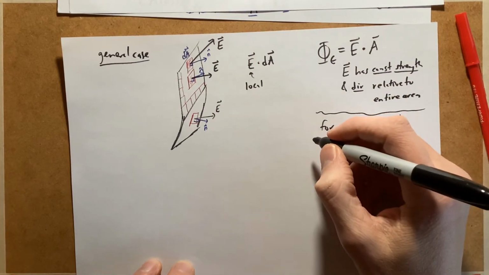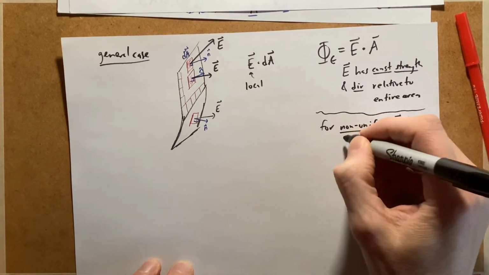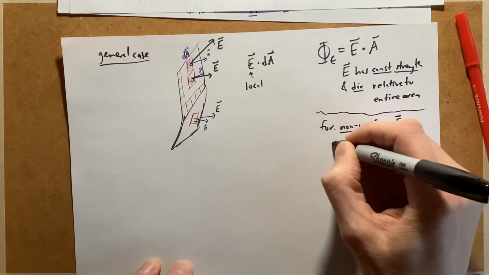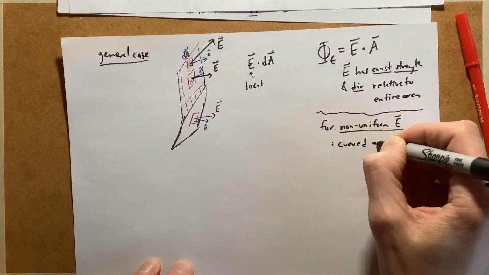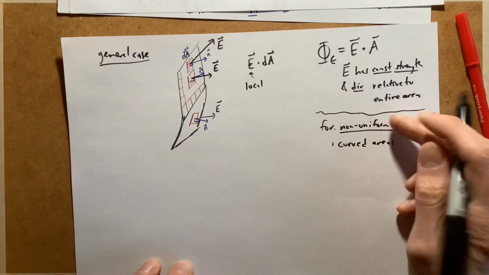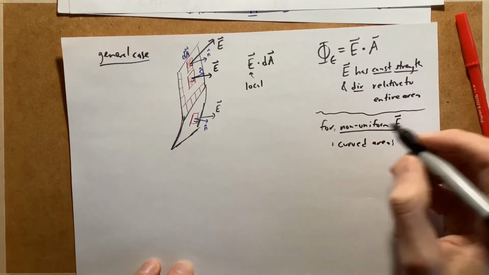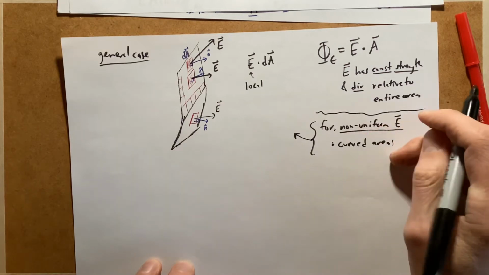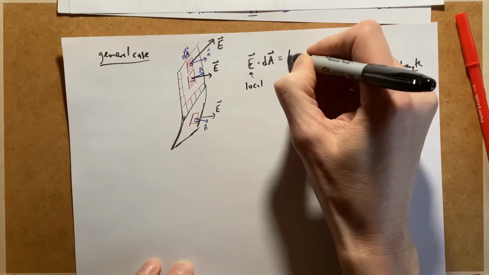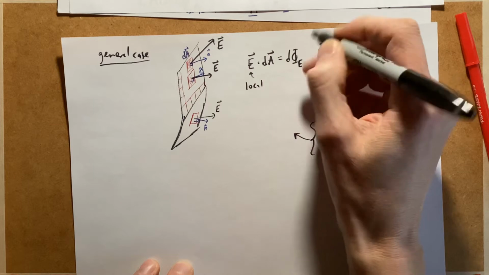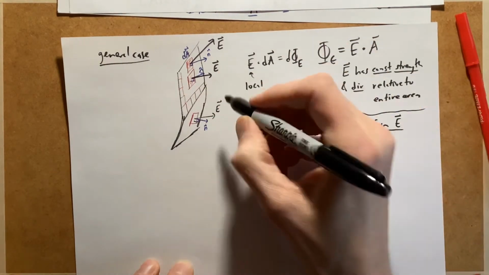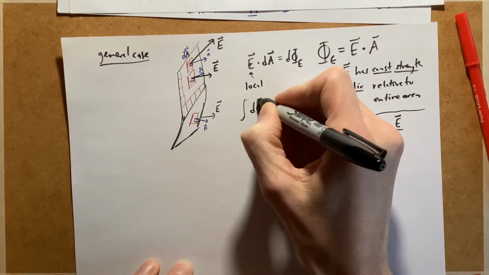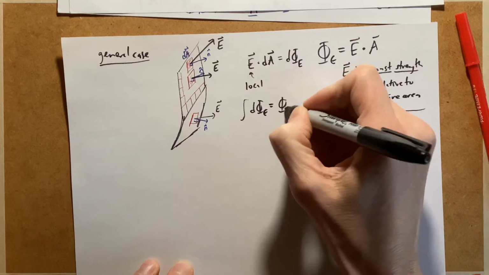For non-uniform fields, areas that are curved, or both, of course, you will need to use this new form we came up with. This will give us the small contribution to the flux from that particular little square. And when we integrate all of those, we'll get the flux overall.